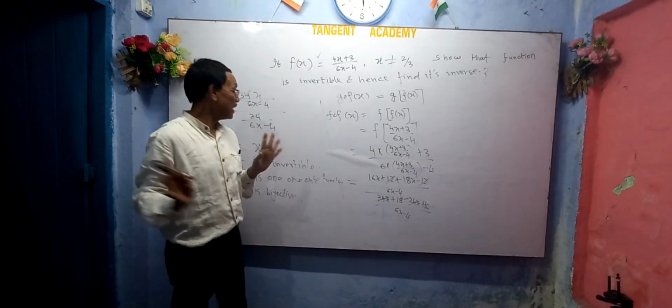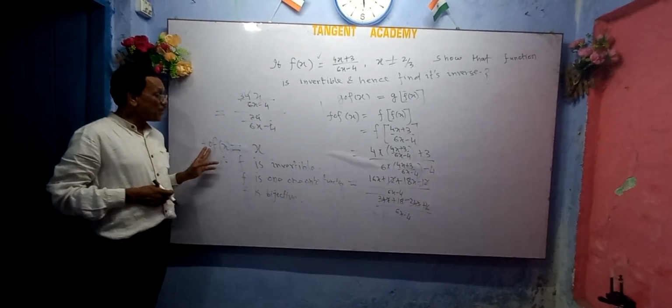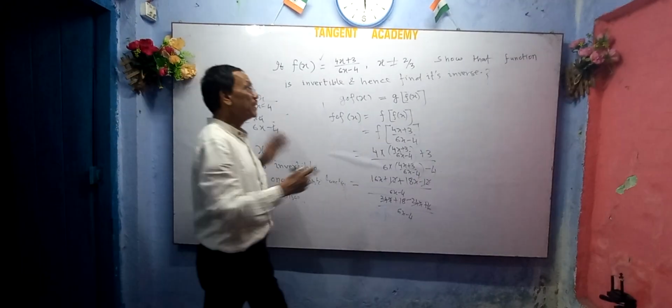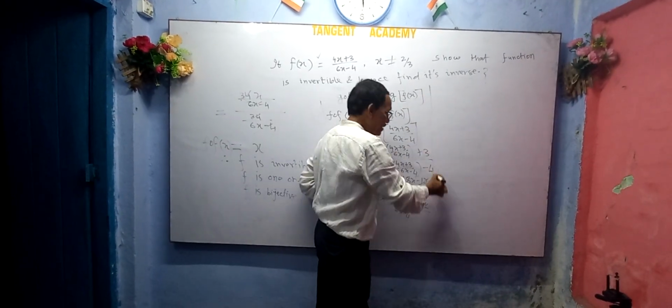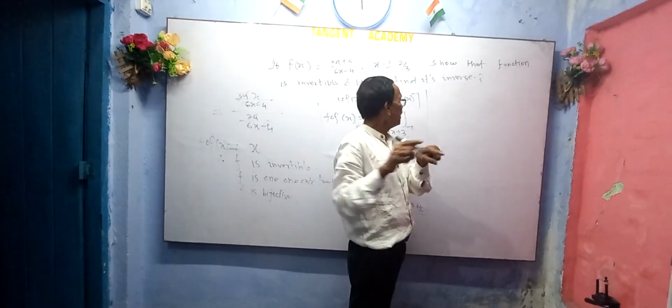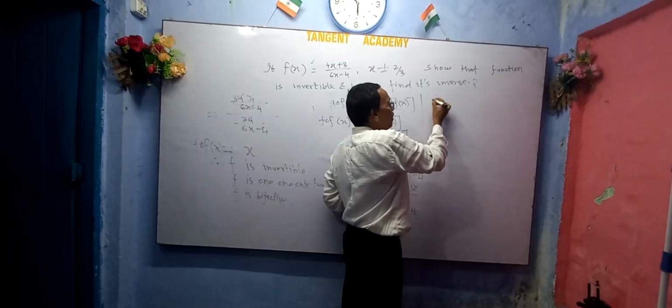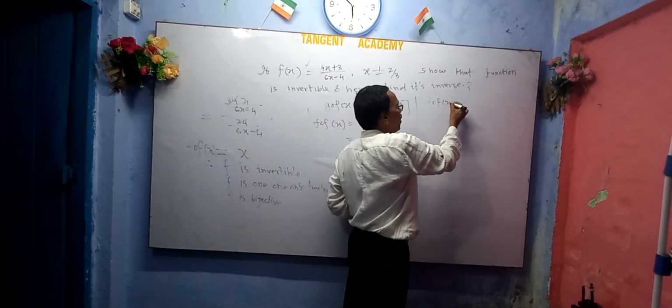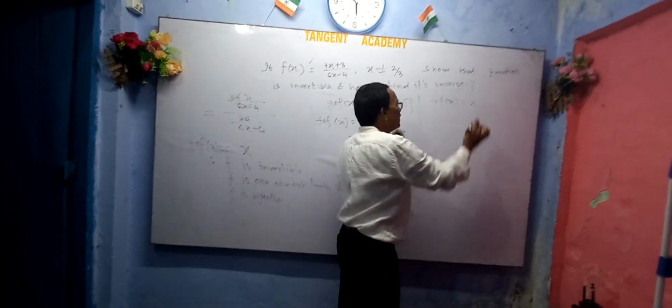Here we can see that f of f of x is x. Therefore we can say that this function is invertible to itself, because f of f of x is equal to x.